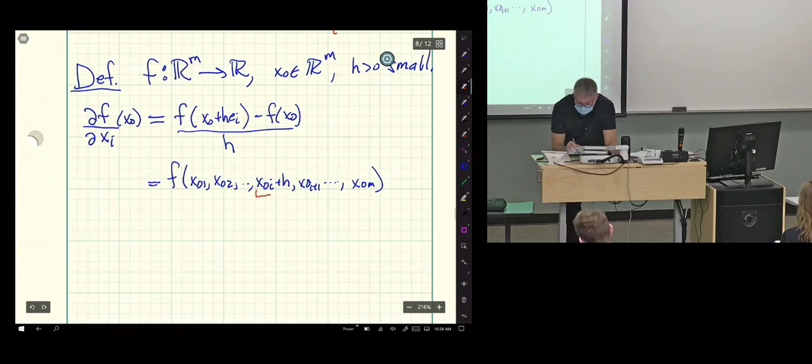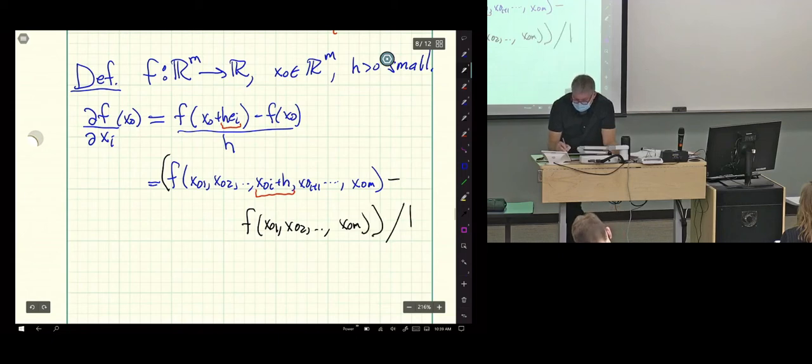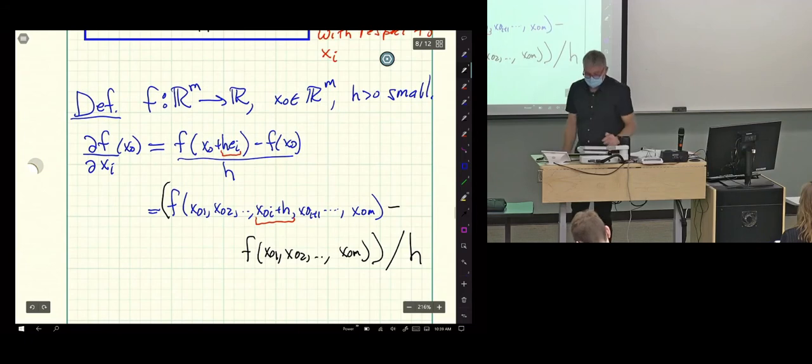Okay, so we just put the perturbation on the ith component of x minus f of x01, x02, x0m divided by h, okay?